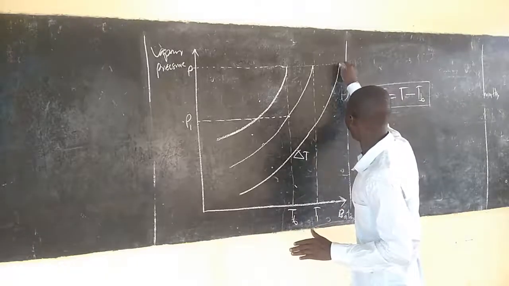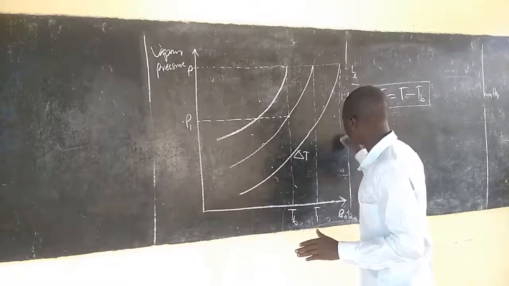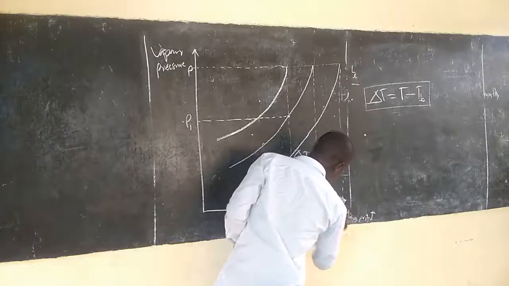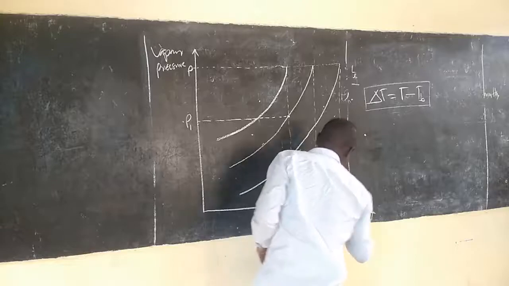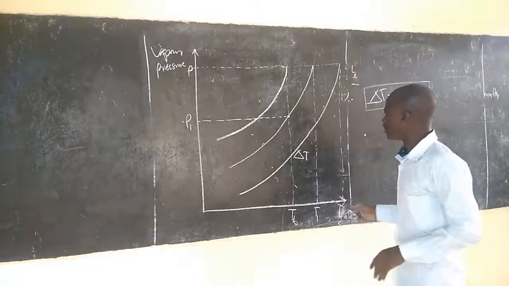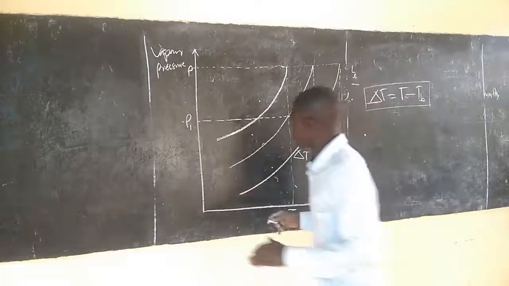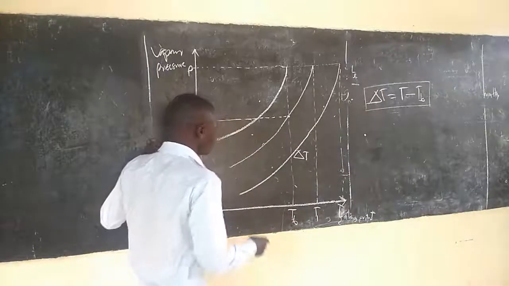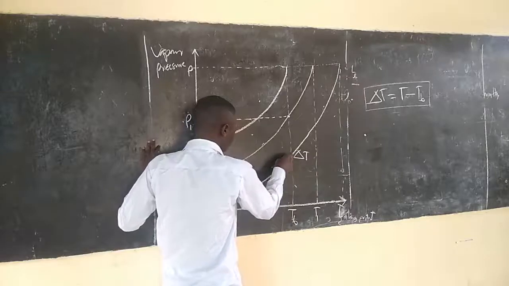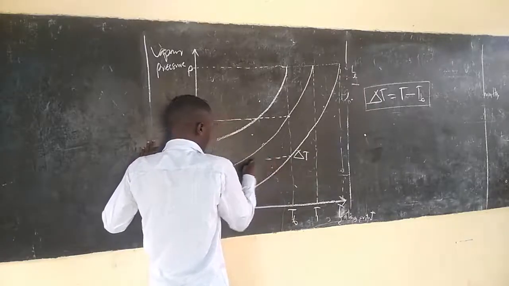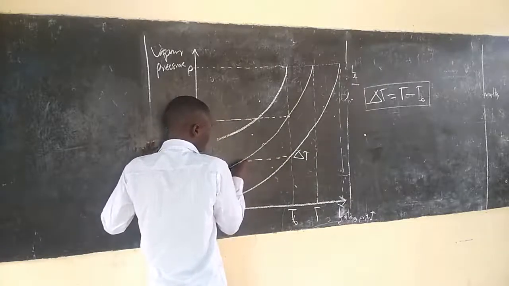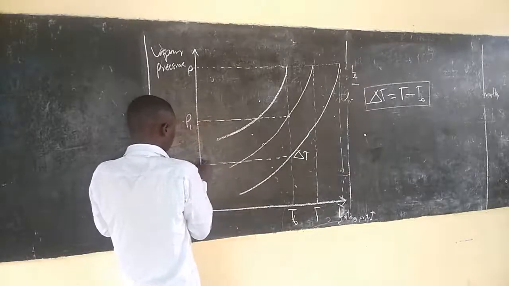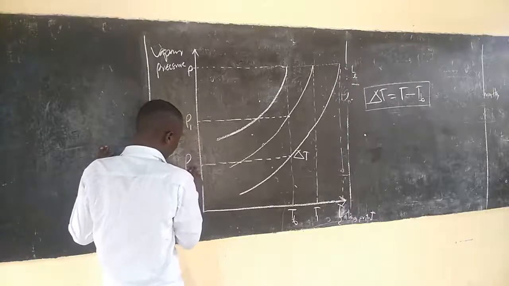So kitakachokuwepo hapa tutakuwa na temperature fulani. Let's call this temperature T2. And in this case, kama tukiwa tuna temperature ile ya mwanzo, tutakuwa tuna pressure fulani P2.